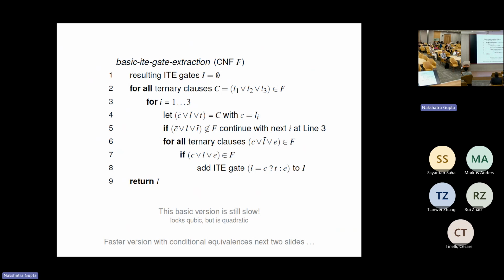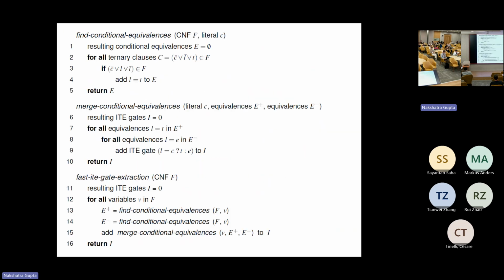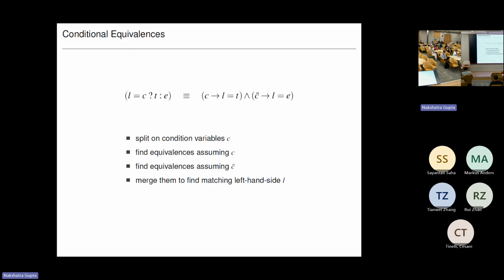This one was particularly slow in this basic version, and our industrial collaborator here was interested in something similar, and this triggered the following algorithm, with this code, but I'm not going to explain the code. How do you find if-then-else gates?